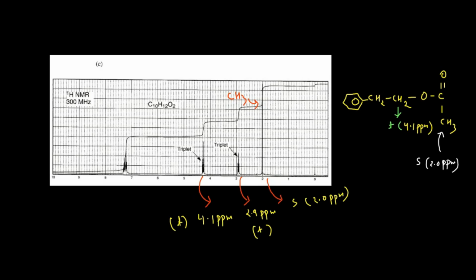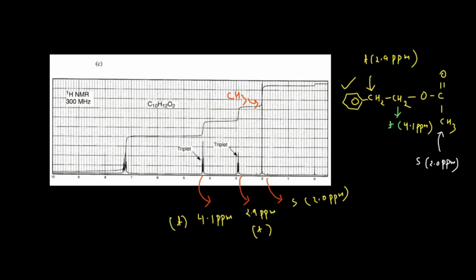But as I already told you, the circulating electron cloud of the double bond will not shift the signal way downfield as the oxygen does. So it will be a slightly upfield signal, and this signal is at 2.9 ppm. So this is your triplet again, present at 2.9 ppm. This looks like a correct structure for your formula, so we can conclude this as the correct structure.